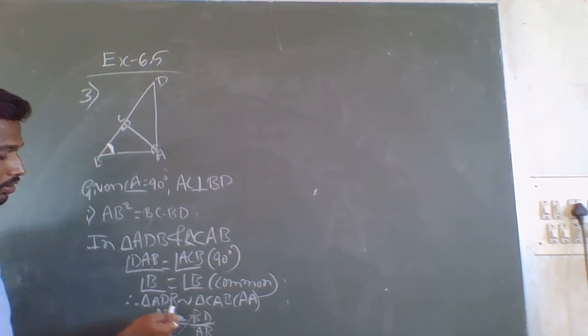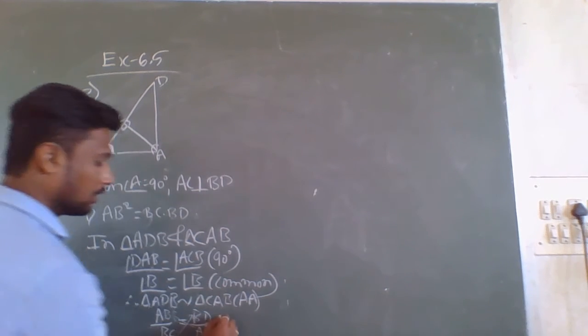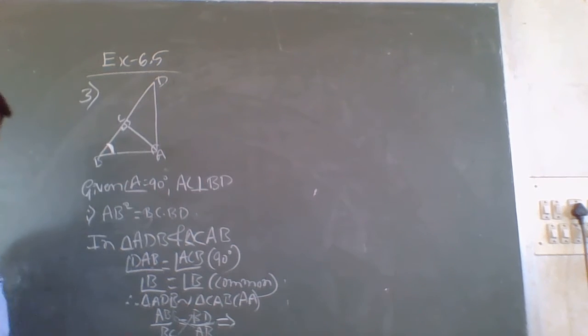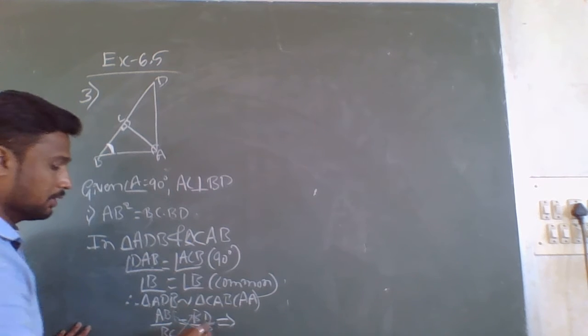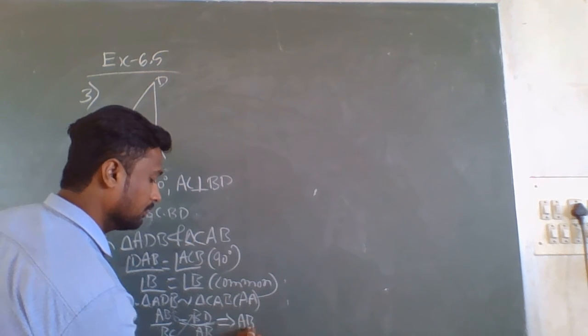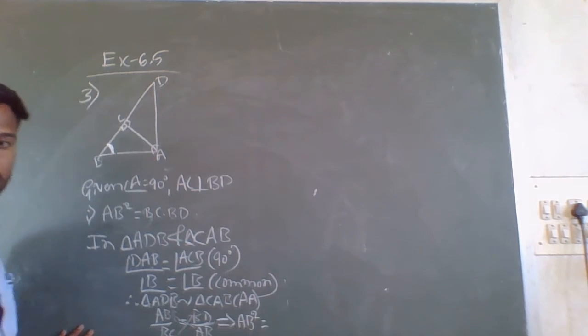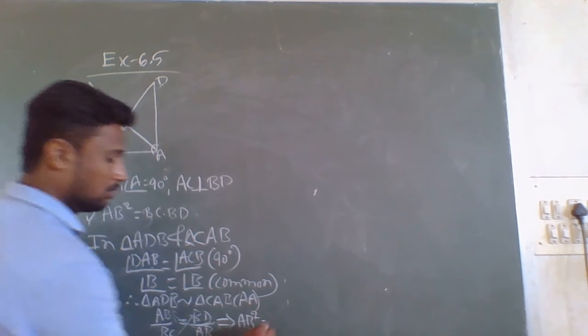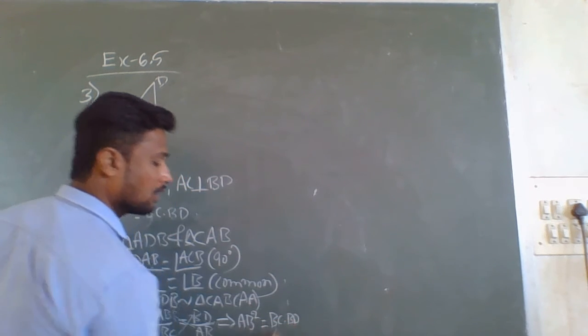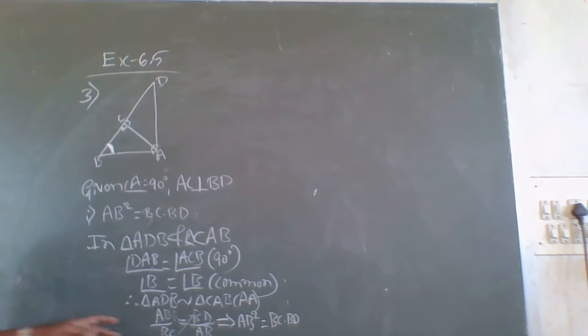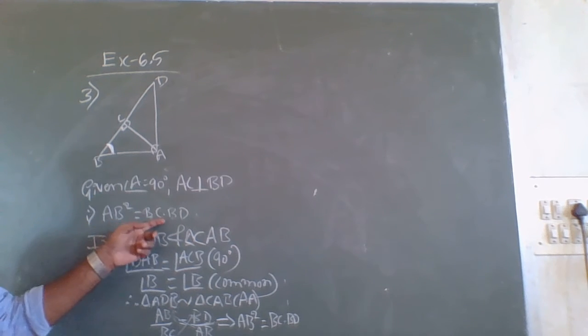When you cross multiply, AB into AB, AB square, equals BC into BD. So we proved what was given: AB square is equal to BC into BD.